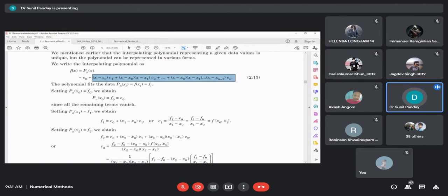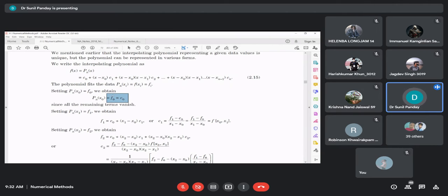So when I substitute x equals x naught, these all are 0. On the right hand side I will get C naught, and on the left hand side I will get f of x naught, because P of x naught is actually f of x naught. So the C naught value is actually f of x naught, which is given to us.